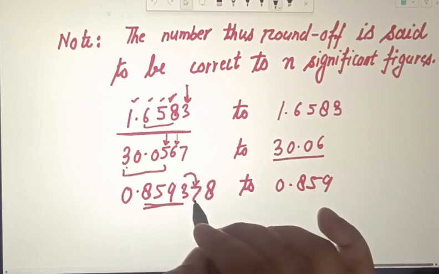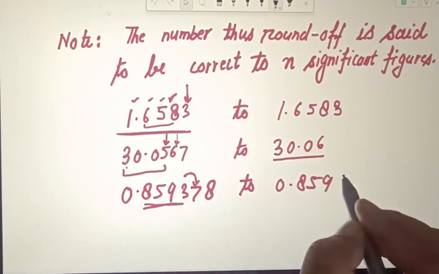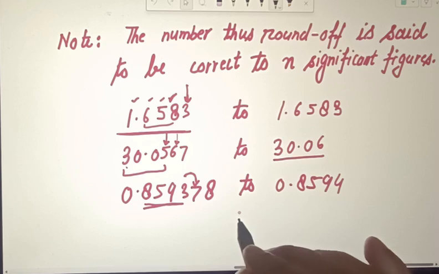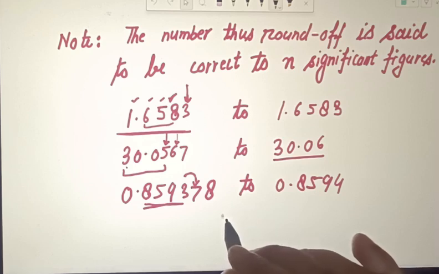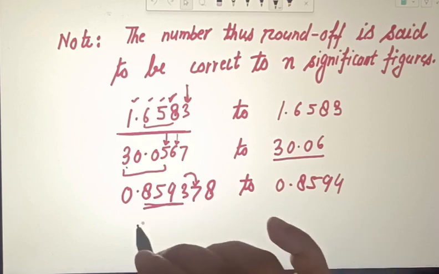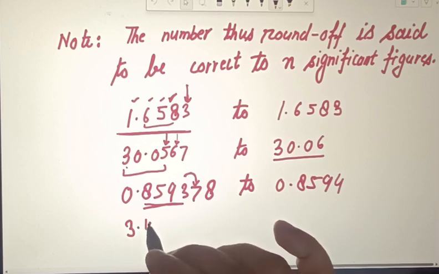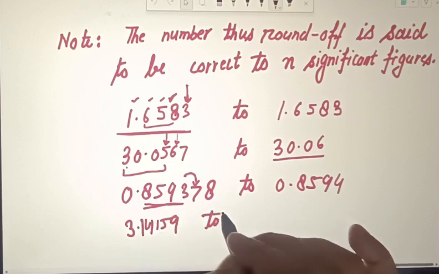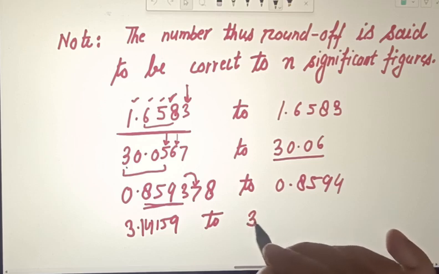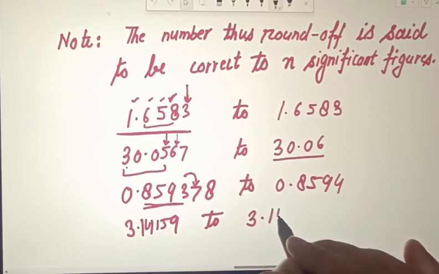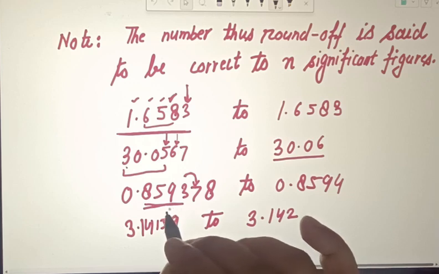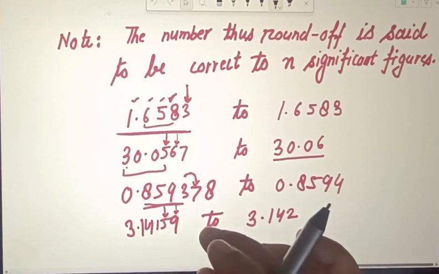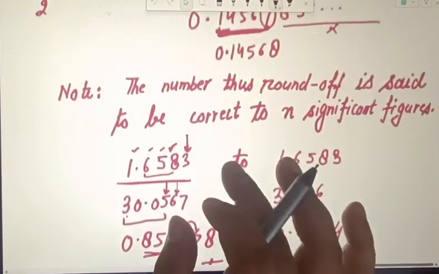If it is greater than half of the unit, then 1 will be added to the last digit, otherwise leave it as it is. Similarly, if we talk about 3.14159 to 4 significant figures, you can write 3.14. So it was the total about the rounding of the numbers.